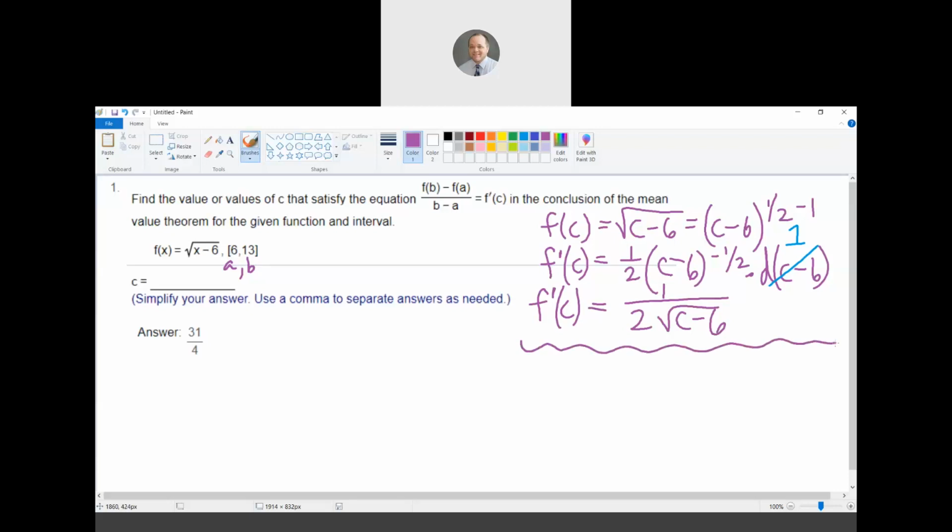Now we need to find f of b, b as in boy, and f of a. So in your original function, replace each x with 13. That's the value of b.